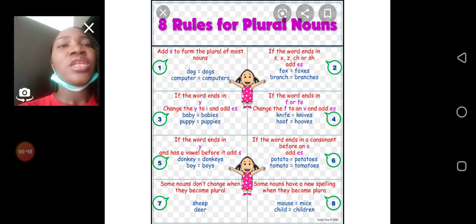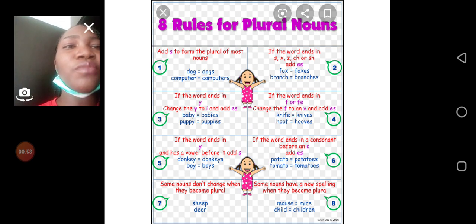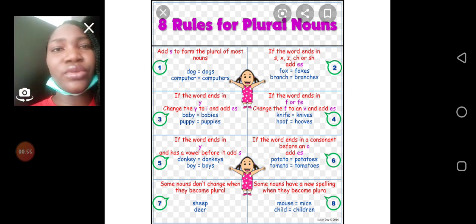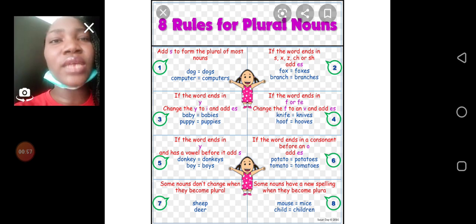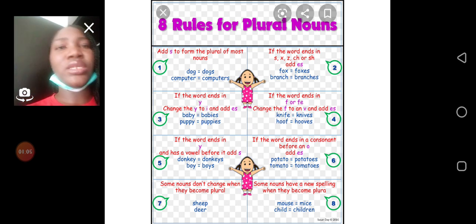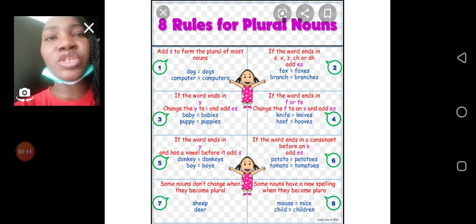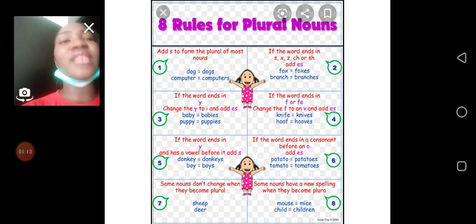Now, the number one rule says add s to form the plural of most nouns. Just like what I explained to you last week, you should add s to form the plural of most nouns. For instance, dog is dogs, computer is computers. In fact, almost all the words that end with a consonant letter, you should just add s to them.